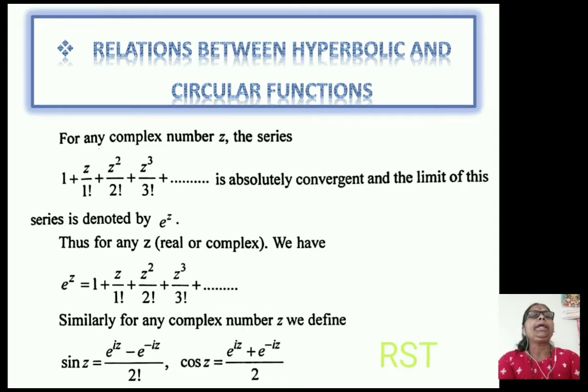Similarly, for any complex number z, we define sin z. We know that sin z equal to e raised to iz minus e raised to minus iz upon 2i, and cos z equal to e raised to iz plus e raised to minus iz upon 2.